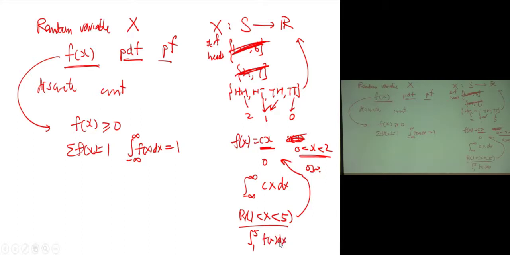But unfortunately, f of x does not equal c times x. It only equals c times x when x is between 0 and 2. Outside that range, it will be 0. So you have to break down your integration into parts that work separately. So that's one way to do it.